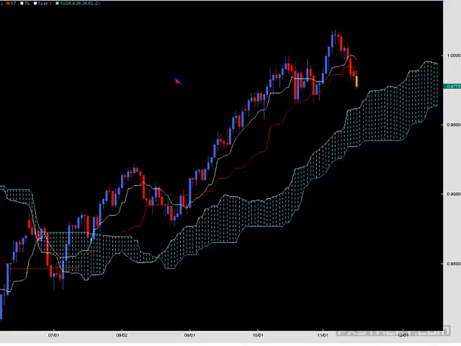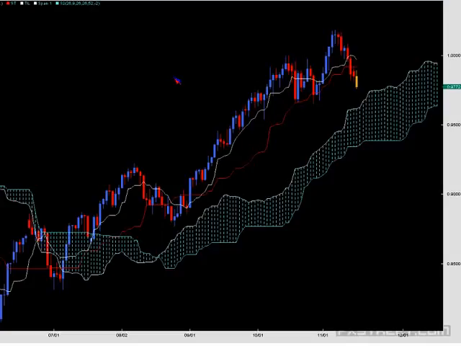So I generally hold to that rule if I'm trading on that particular time frame. So I wouldn't take a trade on the daily chart with the price inside the kumo. It's not my favorite method. I can't remember the last time I did it.